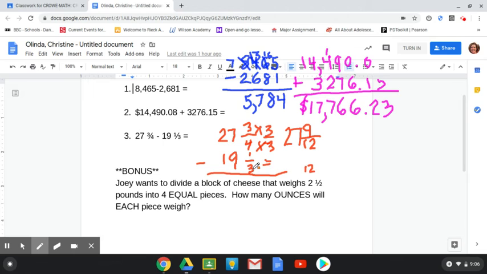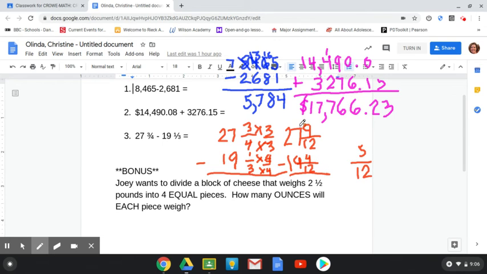And then what did I do to the 3 to get to 12? I multiplied by 4. So I need to do that to the top. 1 times 4 is 4. And I bring the 19 over. And now I can subtract. 9 minus 4 is 5. And the denominator stays the same.